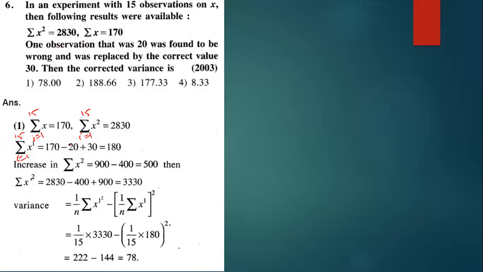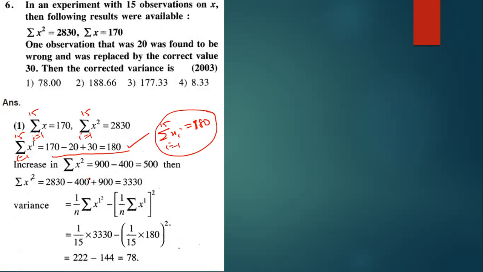It is 170 minus 20 plus 30, replacing the wrong value with the correct one. So sigma xi is 180, the correct sum of all the 15 observations.